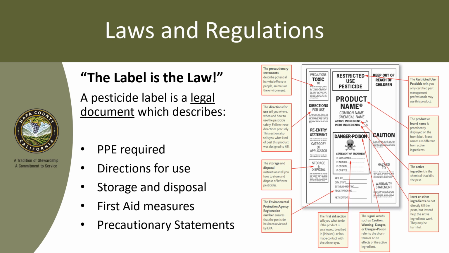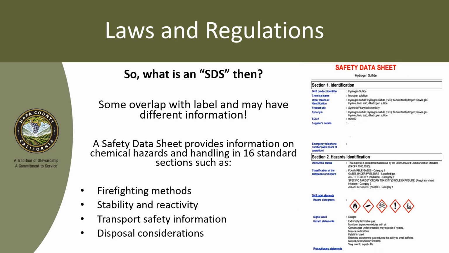First aid measures and precautionary statements, all of that is in the label, of course. So the way to look at that, when you hear that statement, the label is the law, it literally is a legal document, and it's not necessarily the way you might have thought about it before, but you'll want to think about it that way from here on.